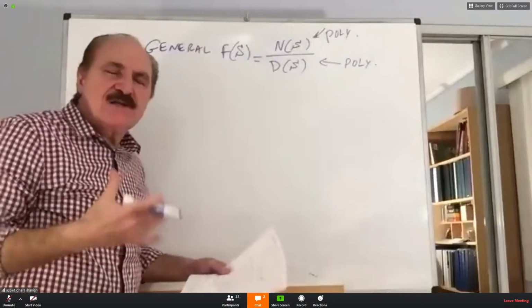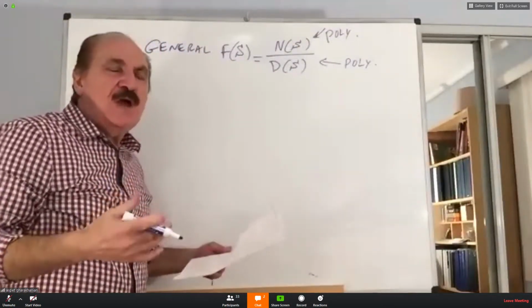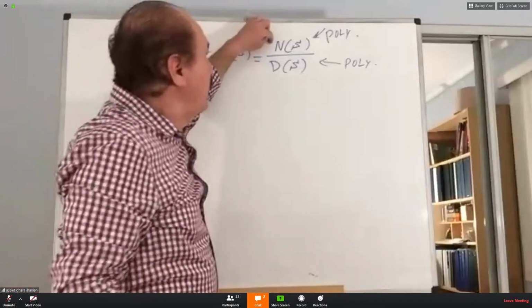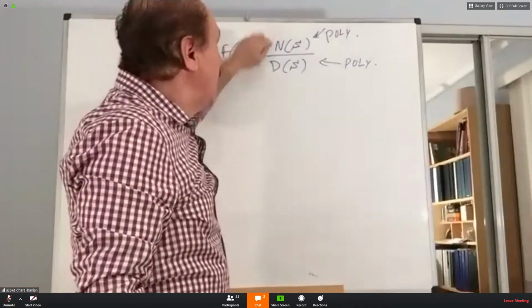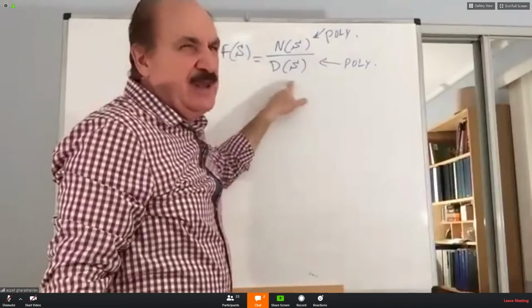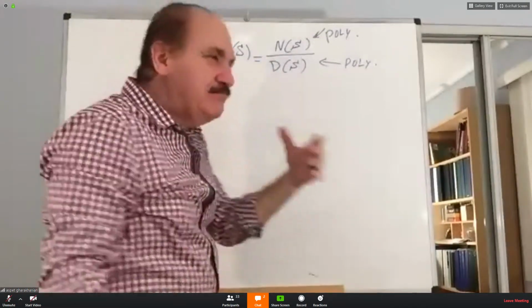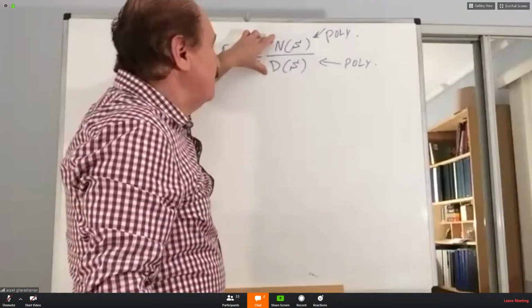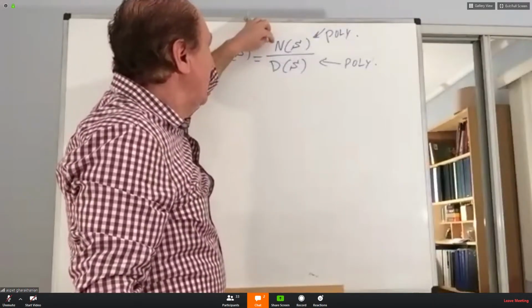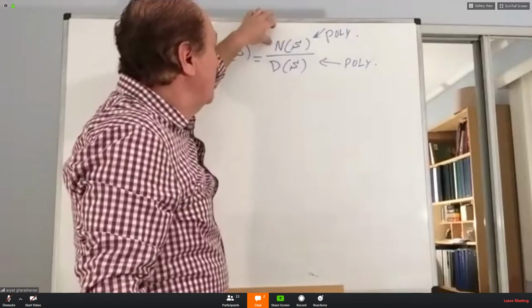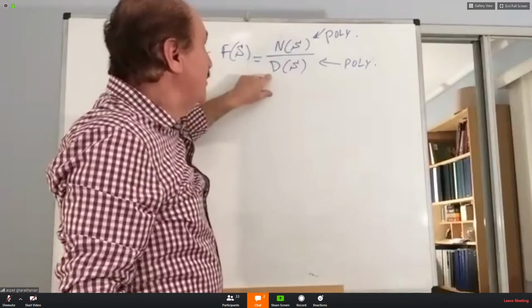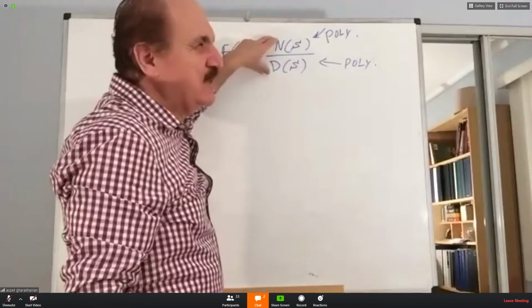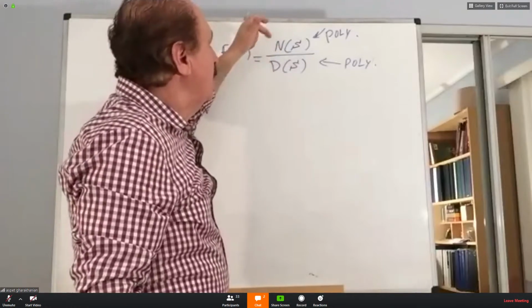In a practical system, the highest power of the numerator polynomial will not exceed that of the denominator. So you will probably never see an s with a higher degree than the denominator. It's either equal or it is less.